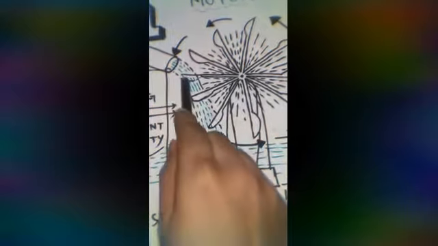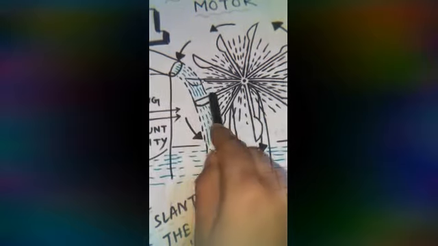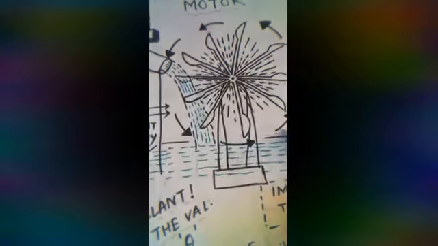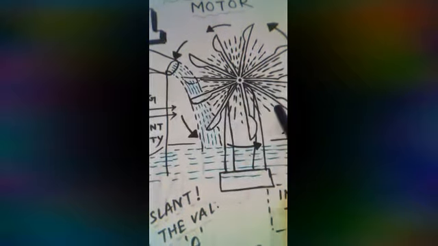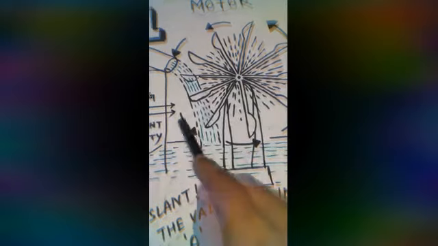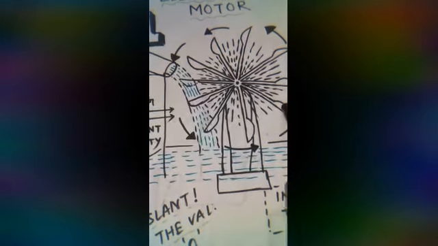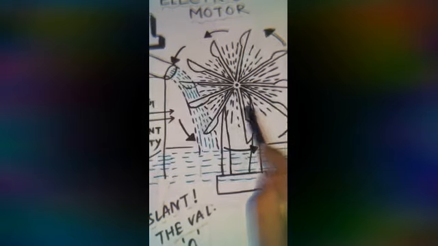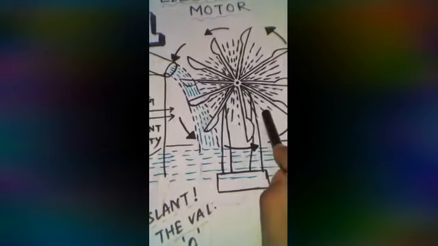The water falls on this space and gets filled. Due to the weight of the water, it comes down and executes a cyclic motion. As you can see here, it changes the mechanical energy to electrical energy, with which we can effectively use the electric current.